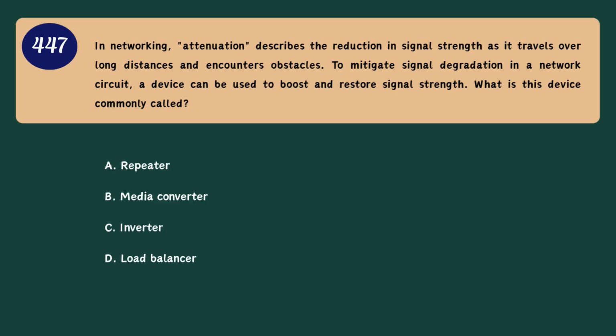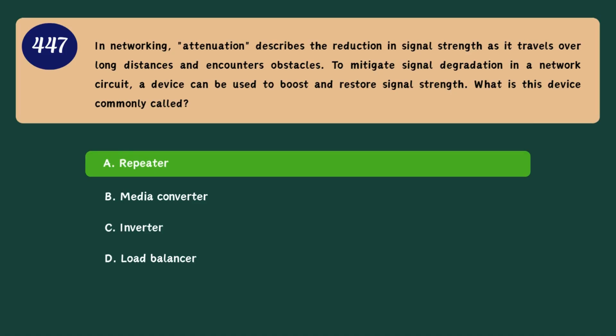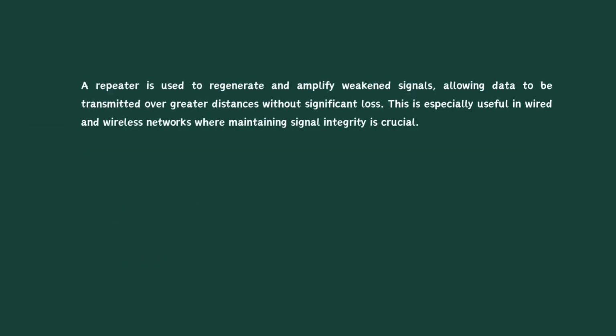D. Load balancer. Correct answer: A. Repeater. A repeater is used to regenerate and amplify weakened signals, allowing data to be transmitted over greater distances without significant loss. This is especially useful in wired and wireless networks, where maintaining signal integrity is crucial.